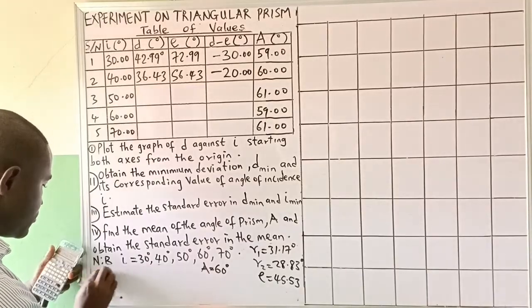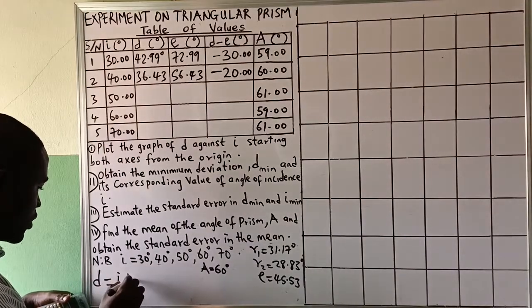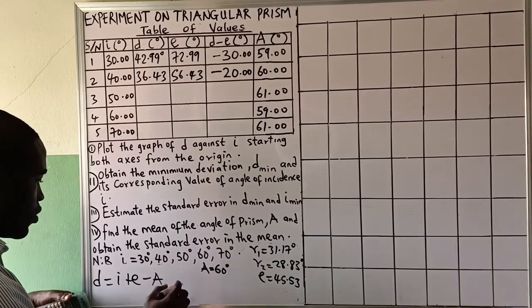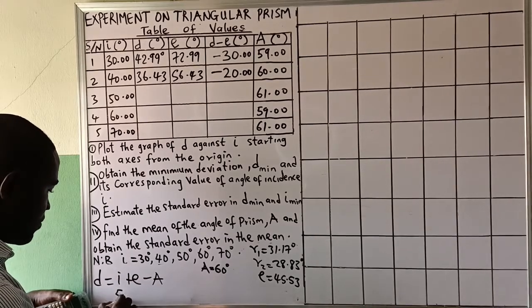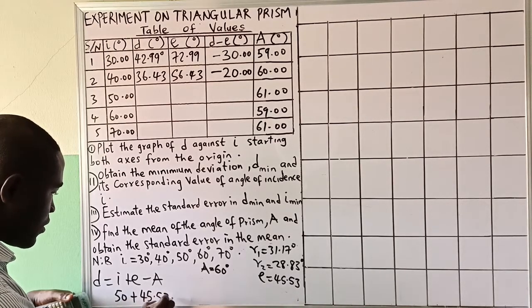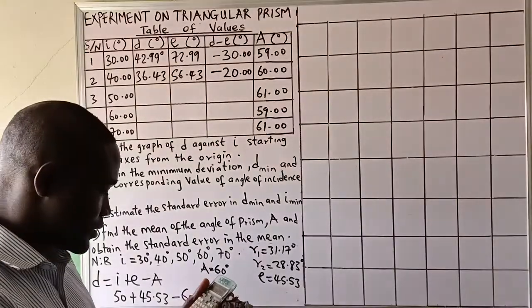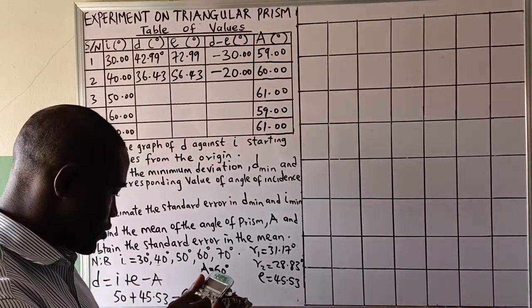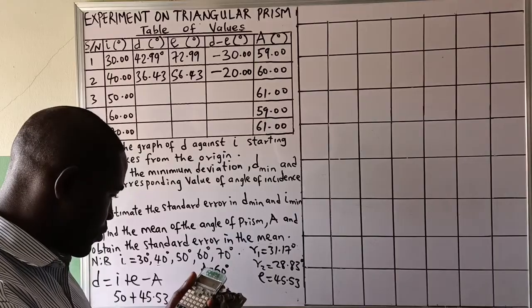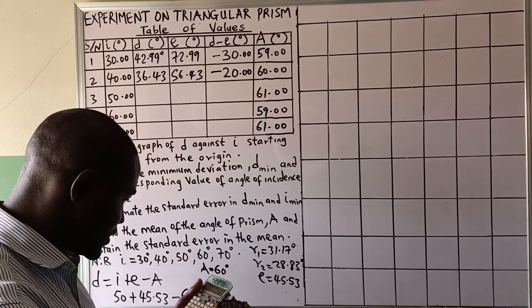Our D, from the formula D equals I plus E minus A, we say that it is 50 plus 45.53 minus 60.